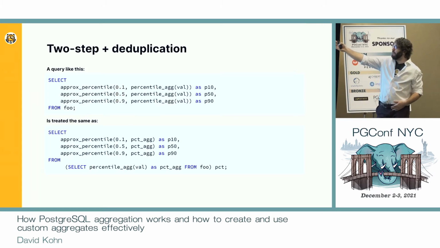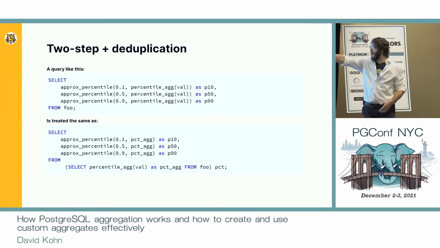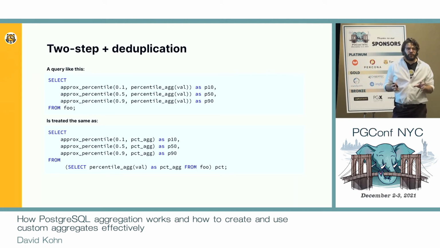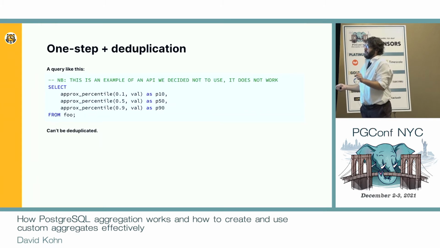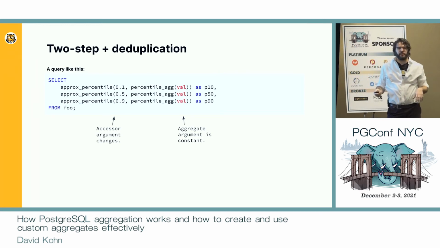So instead, we want the planner to be able to very easily treat it the same as, hey, I could do it in a subselect and then run my approximate percentile on top of it. All of that is then handled for the user rather than you having to do it yourself. And that's another thing that we like. And now you can see we have the deduplication because our aggregate argument is constant.